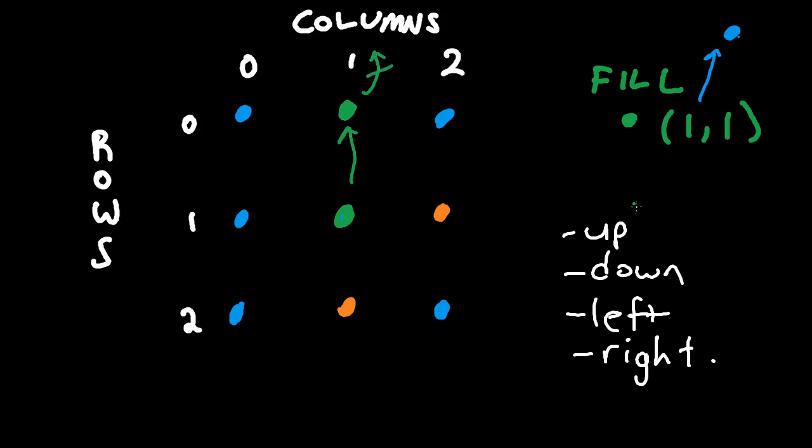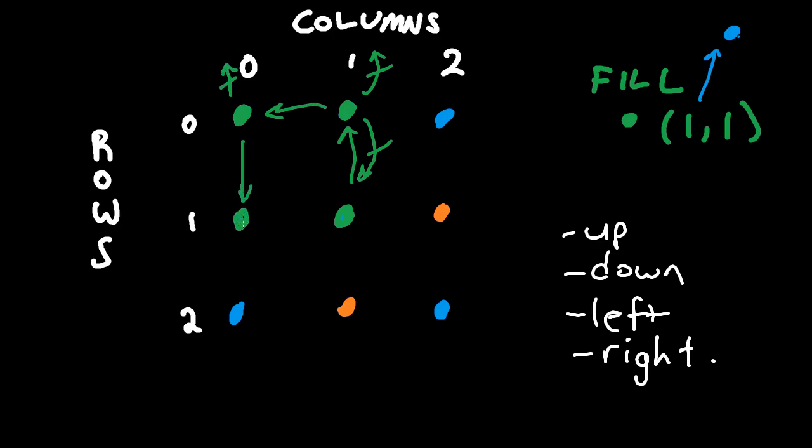And now we finish the up route, so now we go down. We attempt to go down, but as you go down, you can see here that this is no longer our target color blue, so this will also get cancelled. Now we go left, and this is a target, so we can fill it with green. And then here we also go up, which gets cancelled, and now we go down.